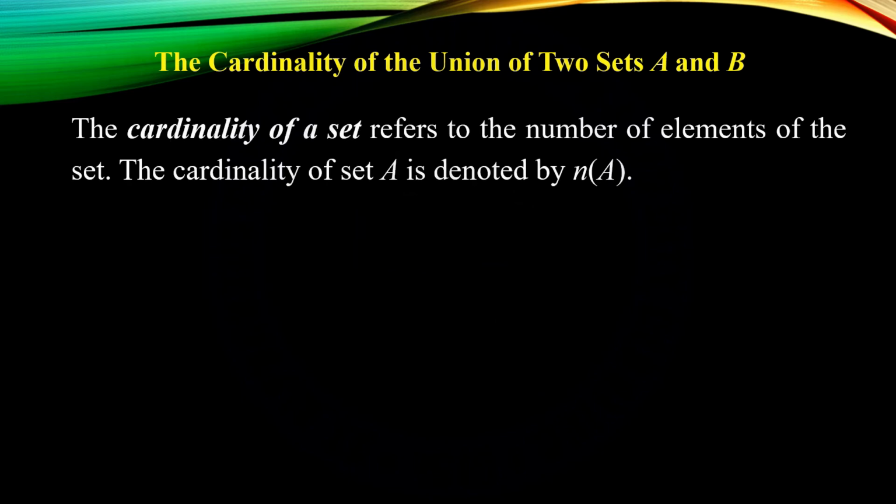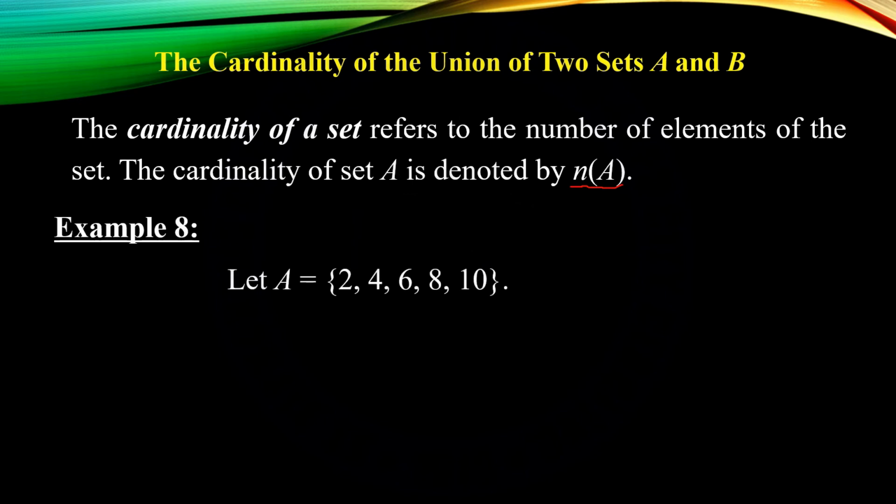So this time, we will be talking about the cardinality of the union of two sets A and B. The cardinality of a set refers to the number of elements of the set. The cardinality of set A is denoted by these symbols: N of A, or the number of elements of set A. For example, let A contain 2, 4, 6, 8, and 10.